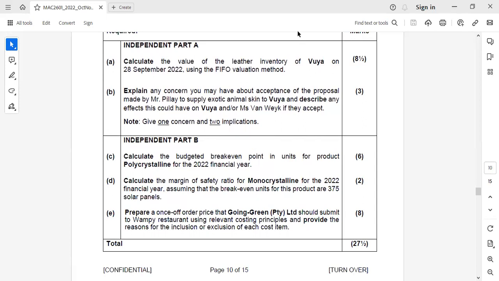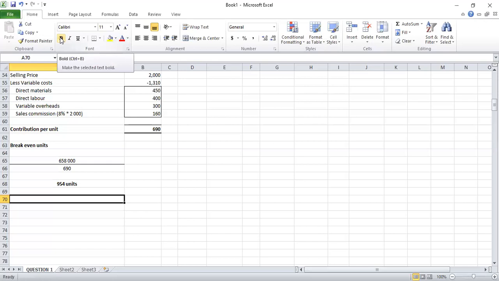Right, margin of safety: that is, up to what level can the sales reduce before the business starts making a loss.